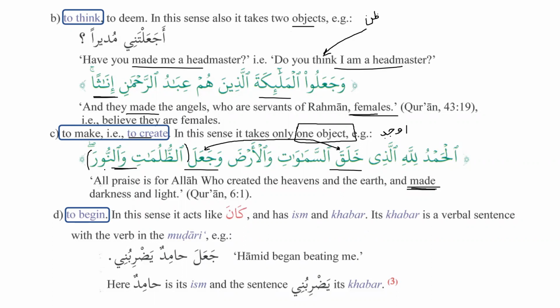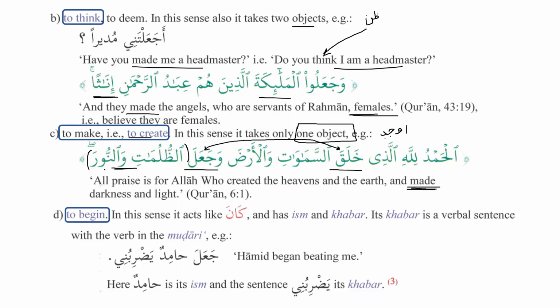Went is the verb, and then to the market is a prepositional phrase, or maful bihi via preposition. But the subject, you are all considered as one. Even though you are there and Fatima is there and Zainab is there and your sisters are there, it is considered as one subject. Similarly, if there are 5 or 6 or 7 things connected with and, they will be considered as one object.